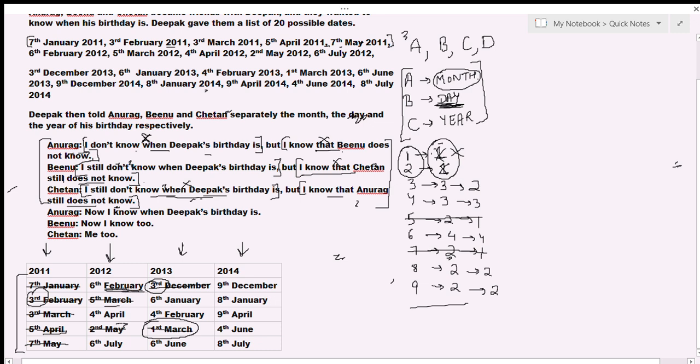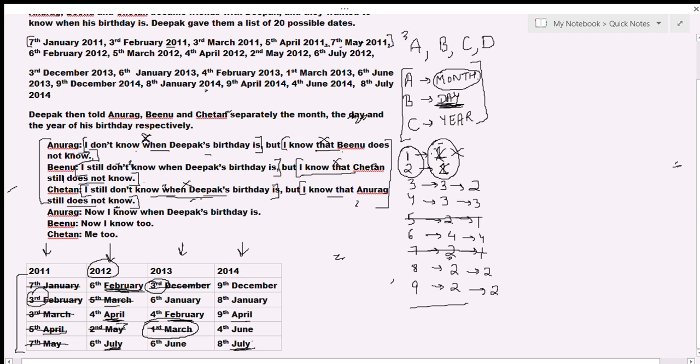If Chetan has been told that the year is 2012, now Anurag would be knowing that the month could be either Feb, April or July. Feb appears more than once. April appears more than once. July appears more than once.